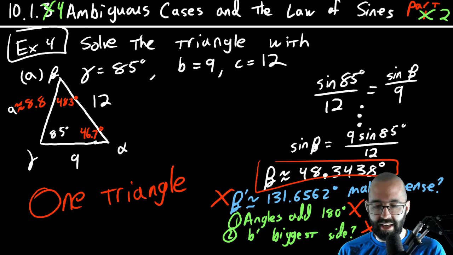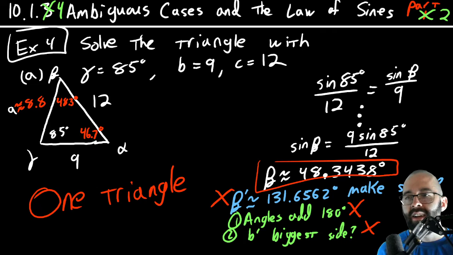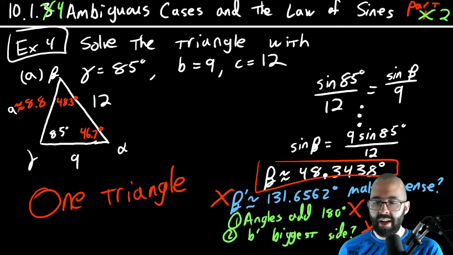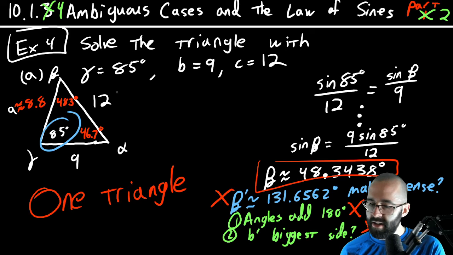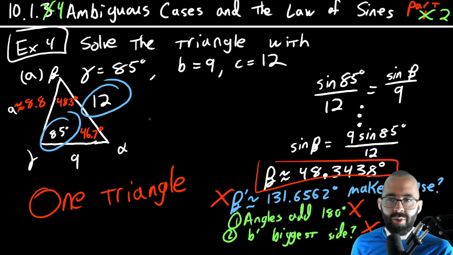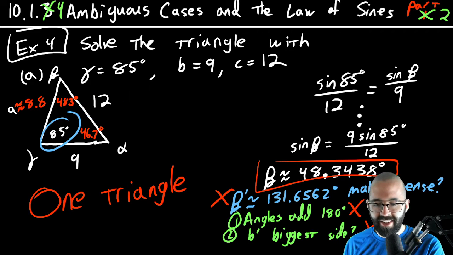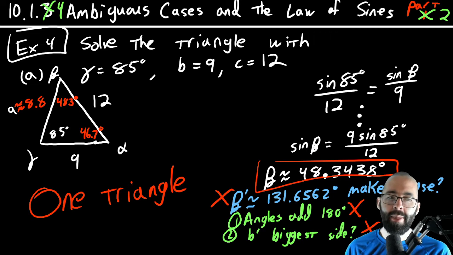It's approximately equal to 8.8. All right. There's only one triangle. Let's do our checks, our gut checks. Smallest angle, well, they're actually very close. Smallest angle, smallest side, opposite. Biggest angle, opposite the biggest side. Woo! There we go. That's part A.